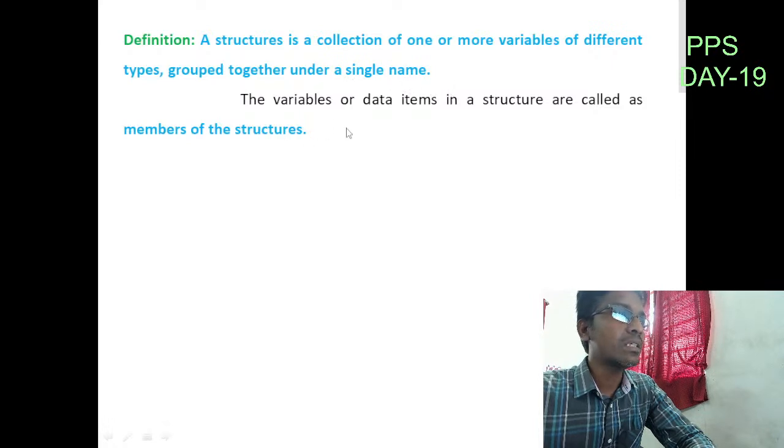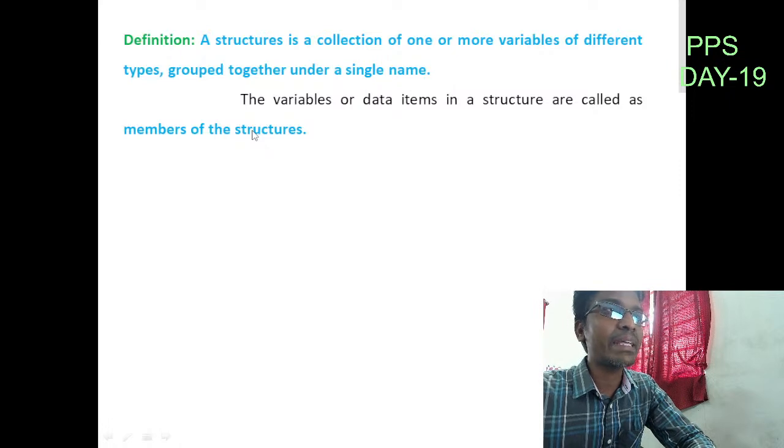In a structure, the data items or variables are called the members of the structure, whereas in an array, the data items or variables are called the elements of the array. That is the difference between arrays and structures.